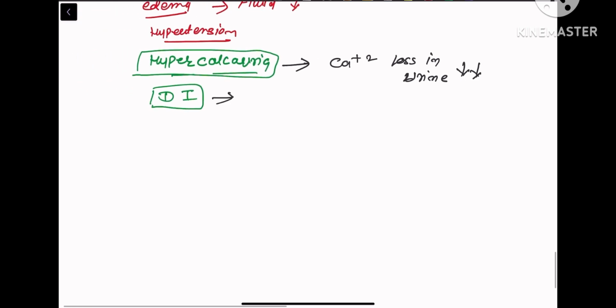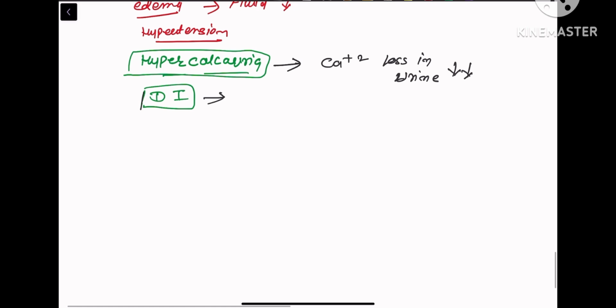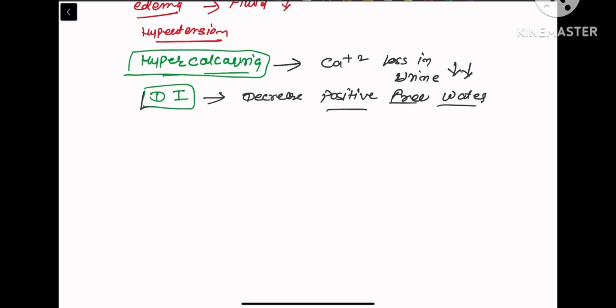It is also used in diabetes insipidus because this is decreasing the solute free water.